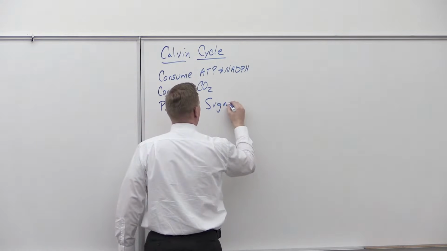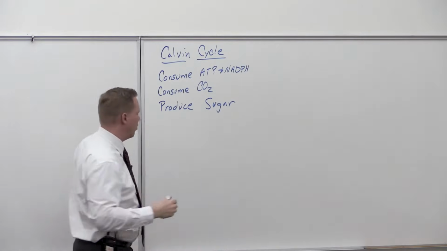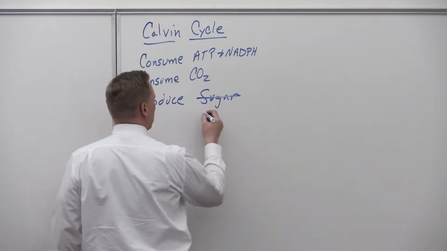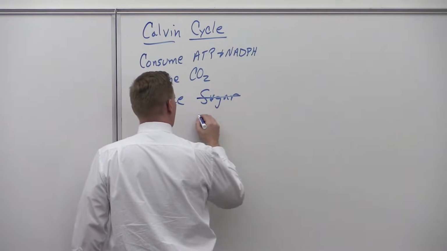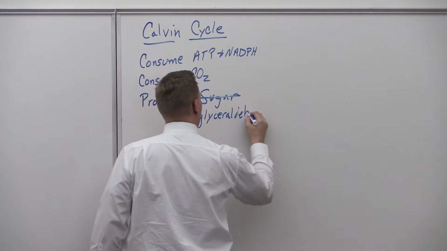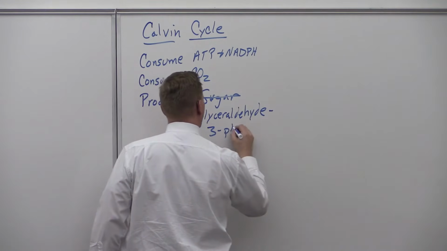So we're going to consume our CO2 right here, and we are going to produce, a lot of books will just say, sugar. That's not totally true. We actually are producing part of a sugar. We are going to produce a molecule called glyceraldehyde 3-phosphate.